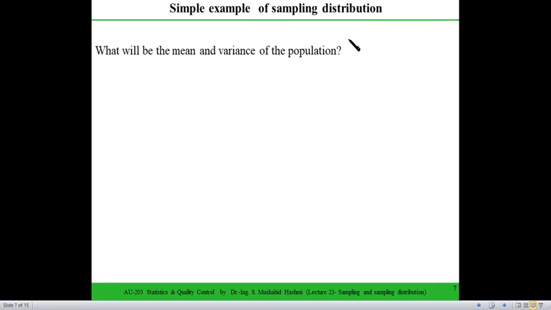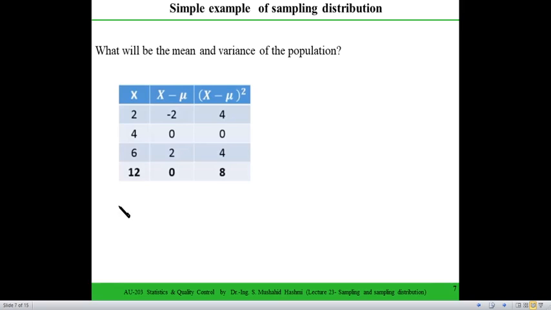The next question is, what will be the characteristics of that population? Our population comprises only 3 elements, so we are interested in the population mean and the population variance. We know how to calculate this, because 2, 4, 6 are the elements of our population.